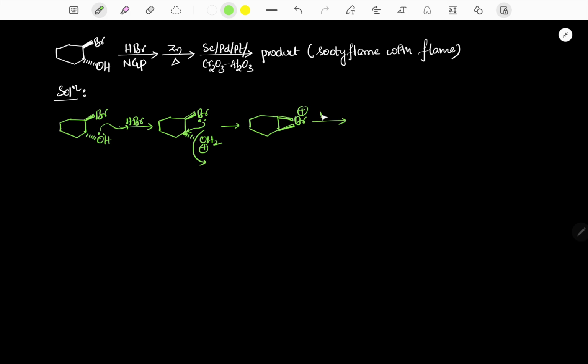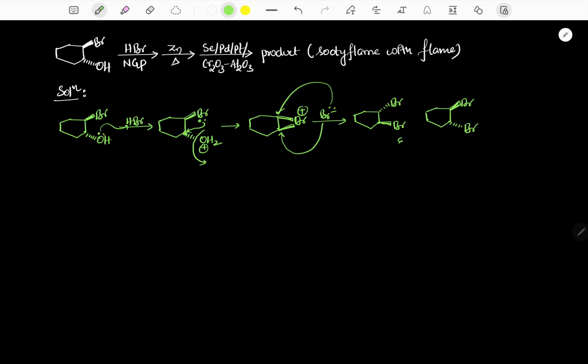Now it reacts with Br minus. Br minus can attack at this carbon, or can also attack at the other carbon, from the side opposite to the previous bromine. Therefore we get Br below the plane and Br above the plane, plus Br above the plane and Br below the plane.